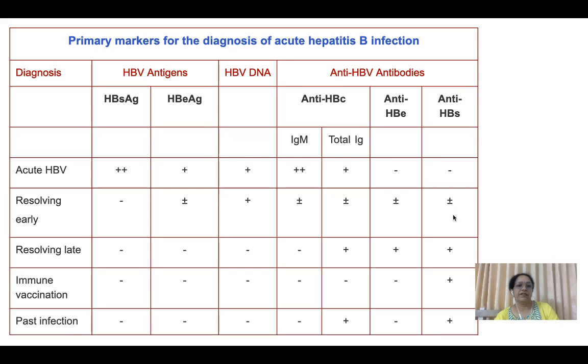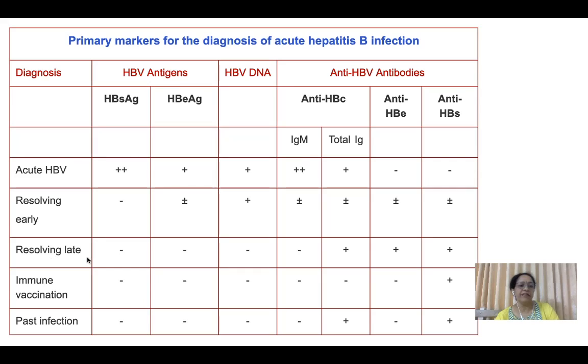Except HBs antigen, as antibodies develop against it, neutralization of this antigen occurs, and so the remaining HBe antigen is present, viral DNA is present, and antibodies against core antigen, E antigen and surface antigen are all present in the early stages, which is the convalescent phase or resolving phase of the disease.